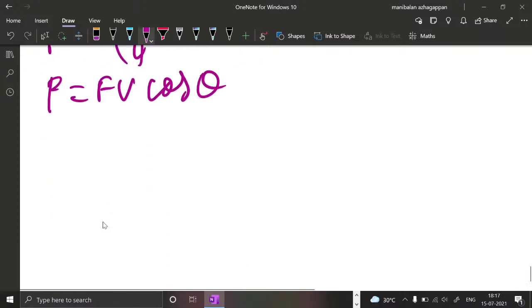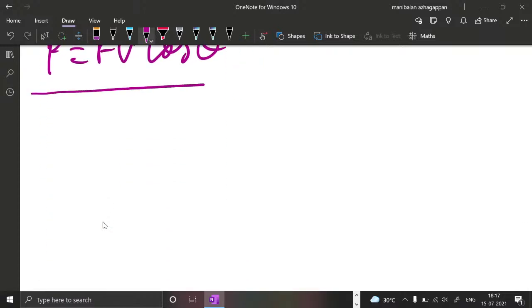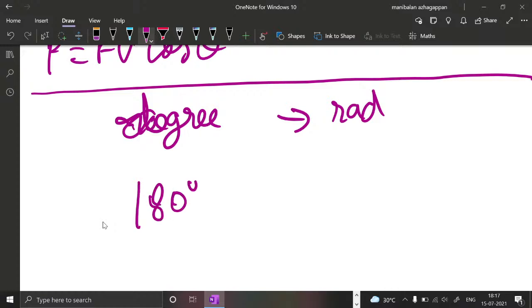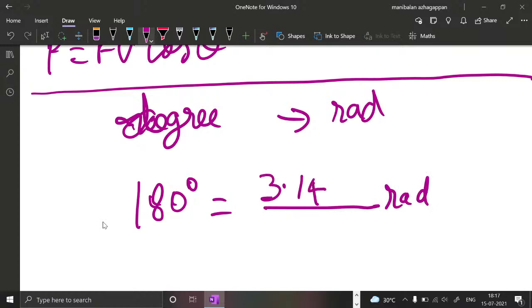Okay, next, how we can convert from degree to radian. Okay, it's very simple logic. Degree to radian is definitely required when you are doing rotation motion problems. Okay, so in case I get 180 degree is equal to dash radian. So 180 degree is, very simple, 3.14 radian.